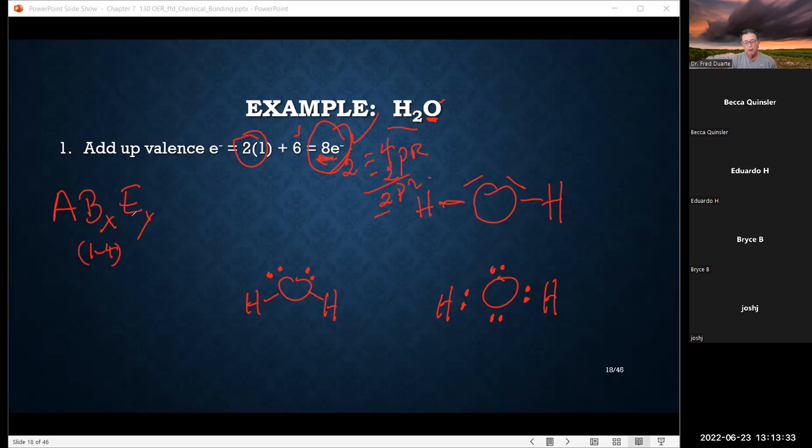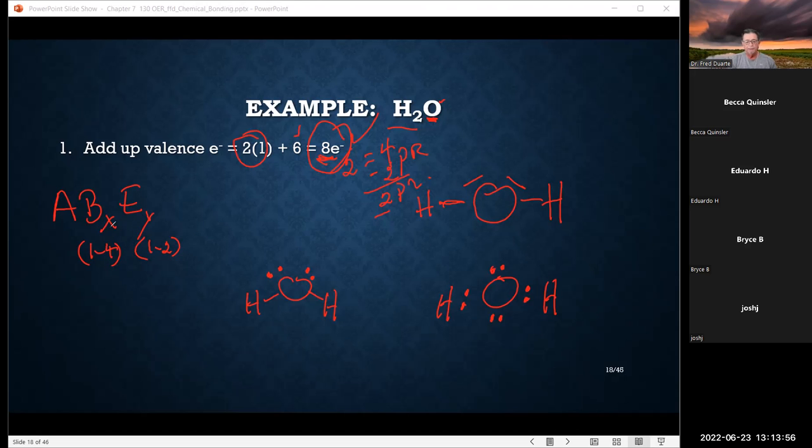And Y from E could be a number from about 1 to 2 for 90-some% of molecules out there. Obviously, if we got one more E, we're going to have one less B, and vice versa.